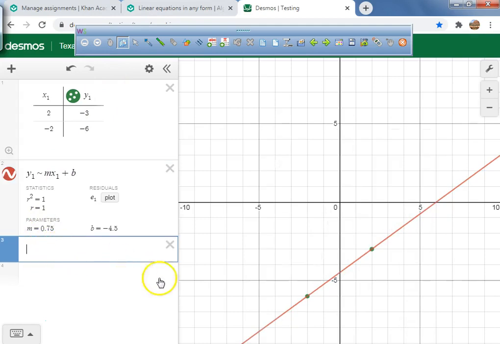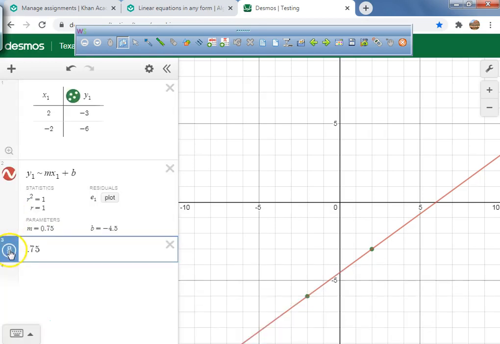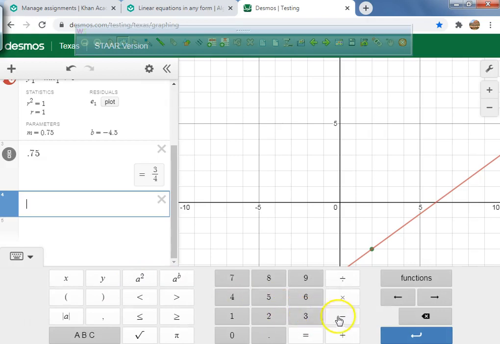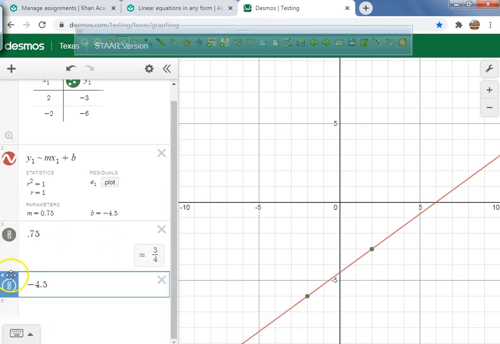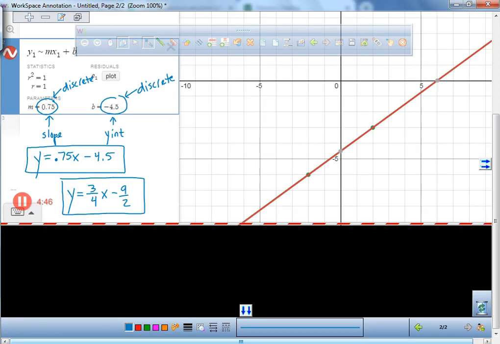You just type in 0.75, hit the little fraction button right here, and it converts to 3/4. If I type in negative 4.5 and hit the fraction button, it converts to negative 9/2. So what I'm saying is, you could type either of these in, and it works. So write that down in your journal.